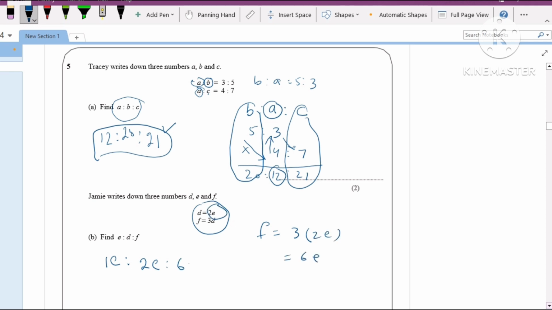E is common between all, so you don't need to write E, so you will write 1 ratio 2 ratio 6. So this is question number 5 from the ratio.